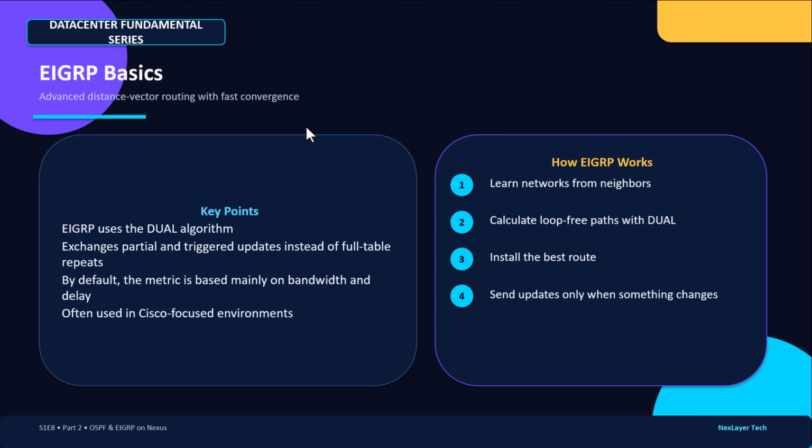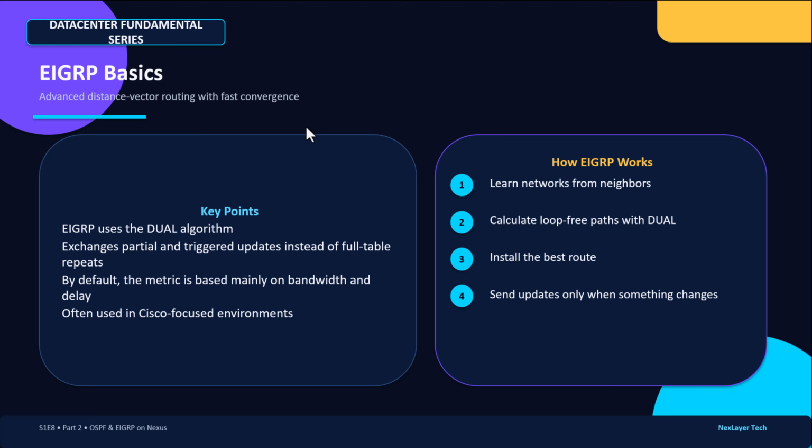After EIGRP neighbors exchange their initial routing information, they normally do not repeatedly send the entire routing table. Instead, EIGRP sends partial and triggered updates when something changes. This reduces unnecessary routing traffic. EIGRP uses a composite metric.